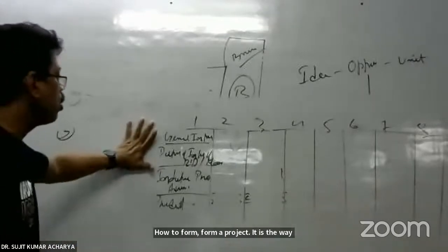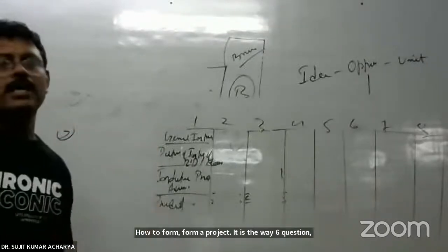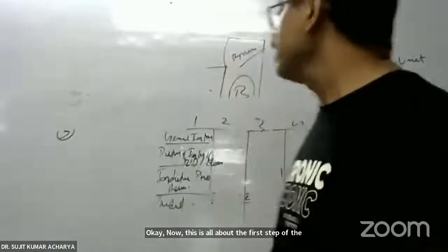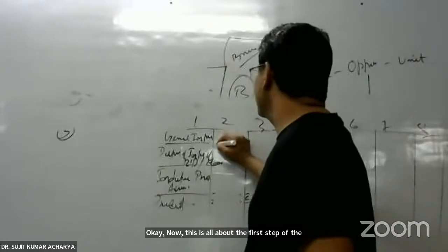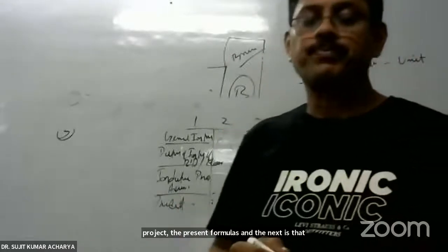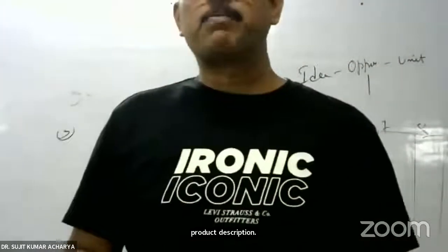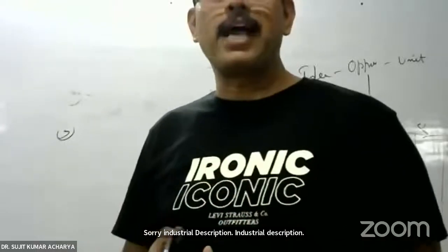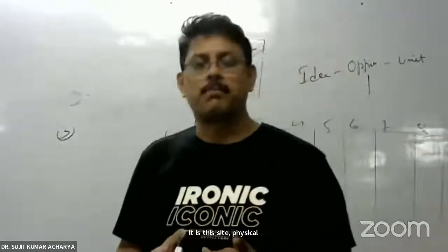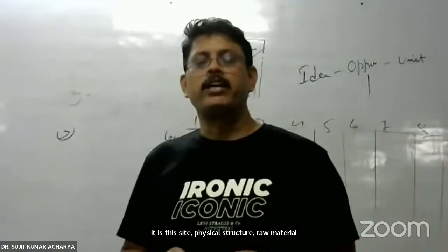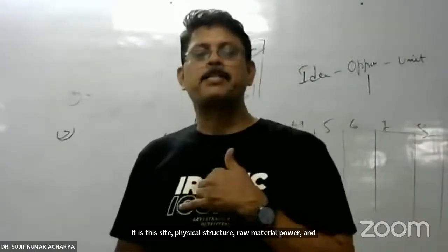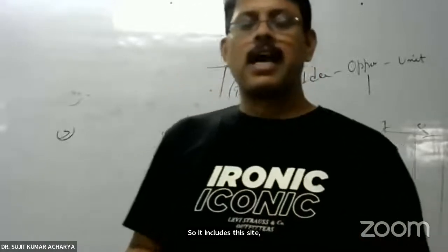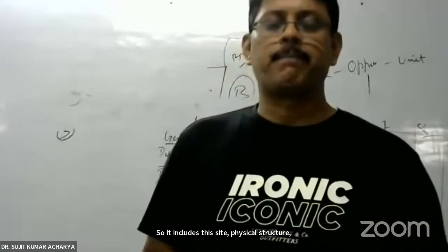Okay. Now this is all about the first step of the project formulation. The next is that product descriptions. Industrial descriptions. It includes the site, physical structure, raw materials, and power and water supply.